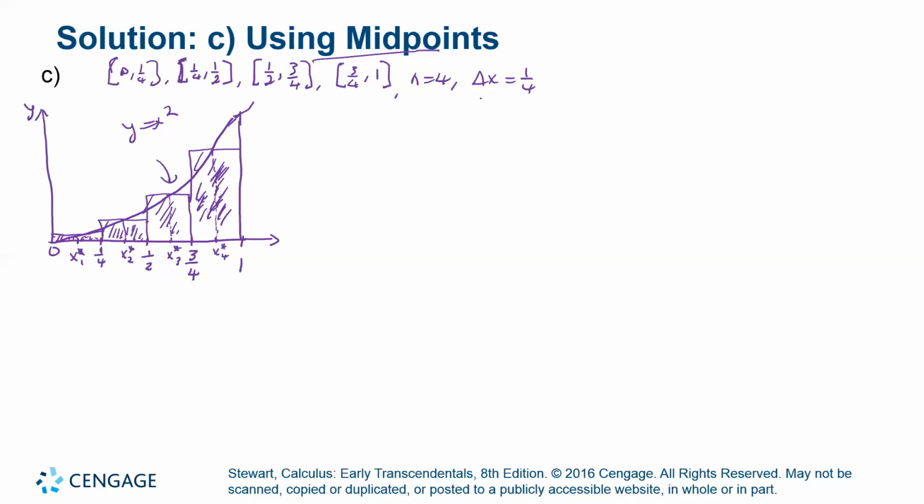So this is still my f. Now, what is x star 1? X star 1 is x1 plus x2 divided by 2. So in this case, it's going to be 0 plus 1/4 divided by 2. Okay, and that gives me 1/8. Then what is x star 2? It will be the second interval, add them, so that is 1/4 plus 1/2, all divided by 2.